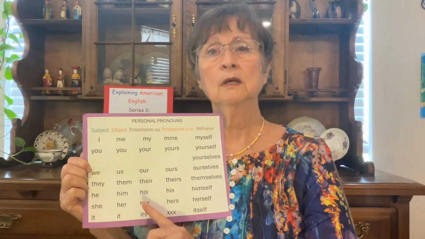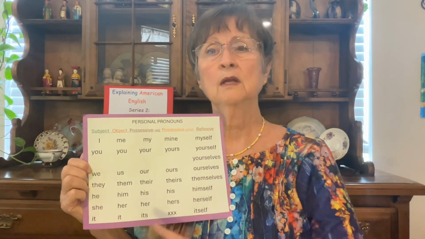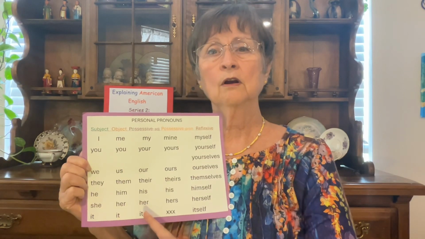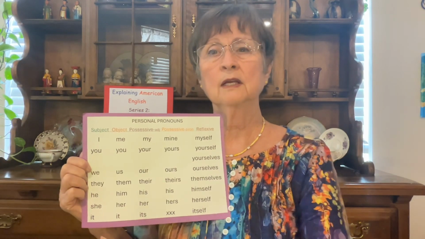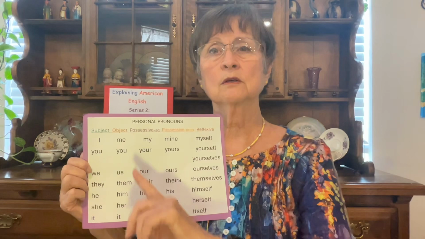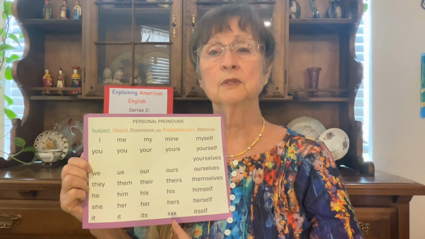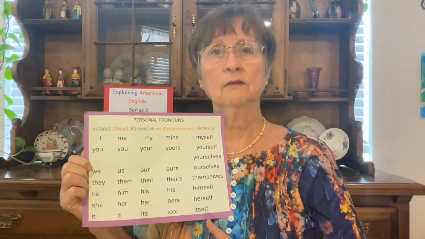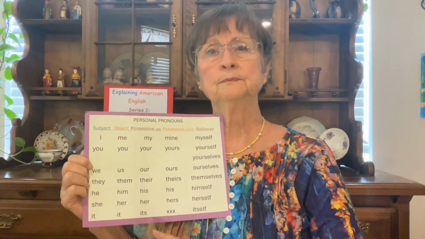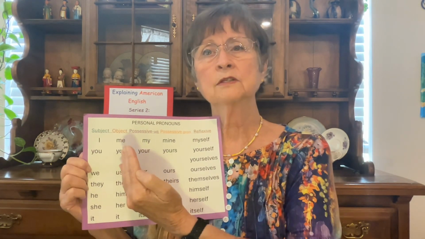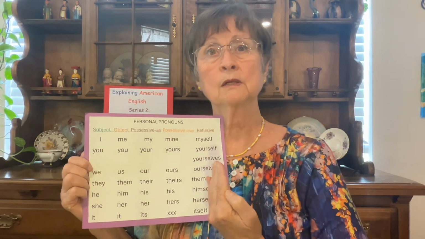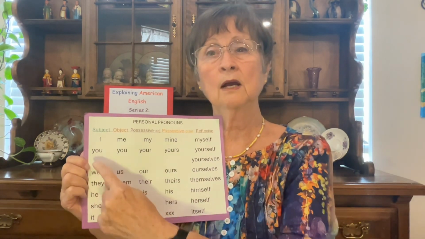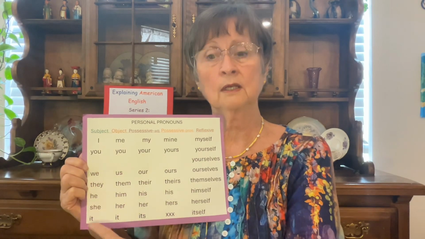He, him, his, himself. She, her, hers, herself. It, its. When it's possessive, it's its; when it's not possessive, it's it's, and we don't usually use that. And then itself. So all of these others will come up as we build sentences later. But for now, for subject only, we're looking at these.